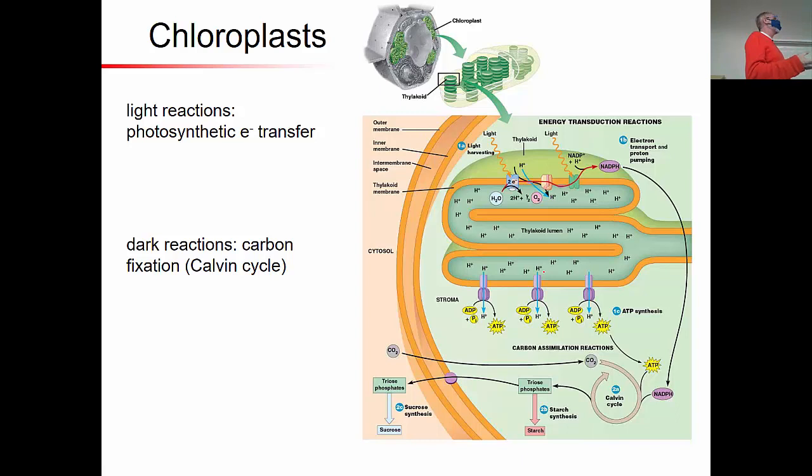And those thylakoid membranes are where the photosynthetic machinery is. So what happens is that when we get activation of light, protons get pumped into the thylakoid lumen, and then, of course, there's a concentration gradient. The protons flow down, back into the stroma through ATP synthase, and we get production then of ATP.